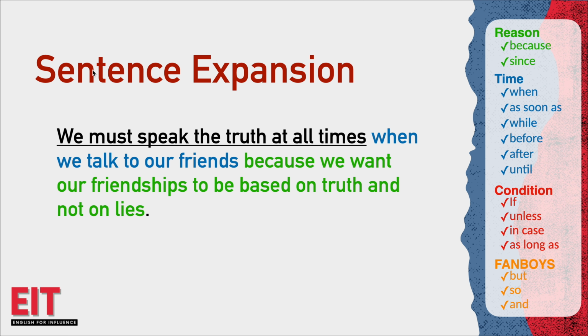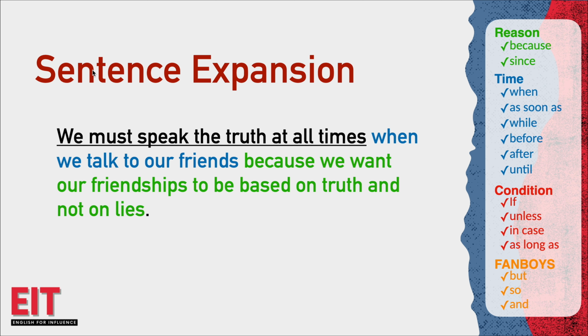Let's see, what can we use? So we can't use for because we already have a because. For is also for reason. We can't use nor because that will require a completely different structure. We can use an and to add more information, or so for result. But I think I'd like to use but.